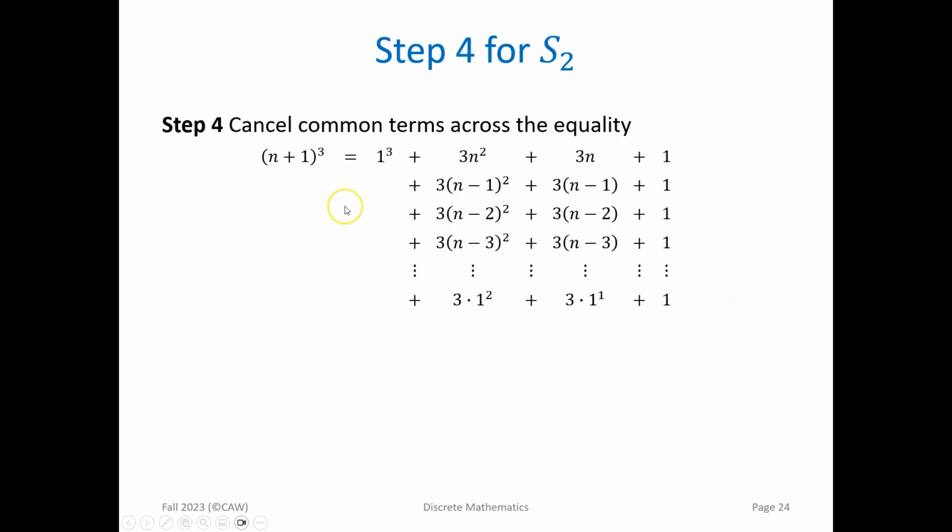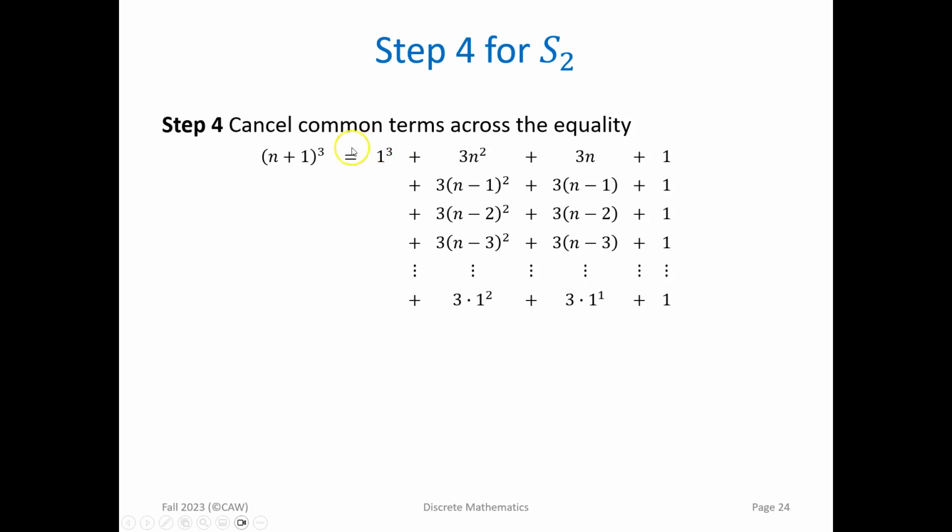There were common terms in that one, just like there were in our previous example. We cancel those out. We know that the terms in the left column, all but the first one, are common in the second column, except for this 1 cubed, which I brought up from the bottom to the top.